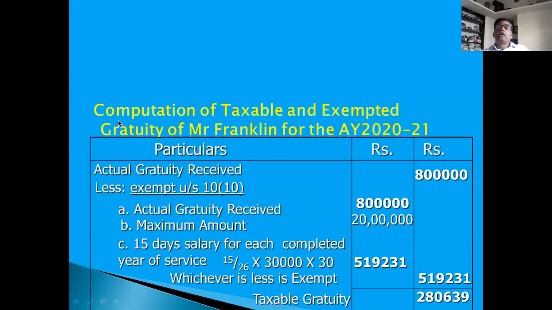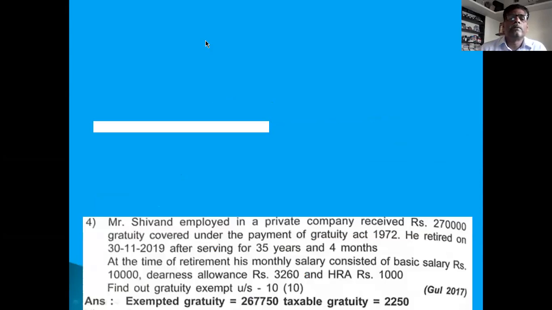So you see the heading now. Computation of taxable and exempted gratuity of Mr. Franklin for the assessment year 2020-21. Clear? This is the method of solving the taxable and exempted gratuity. Clear? Okay, you see the next example.